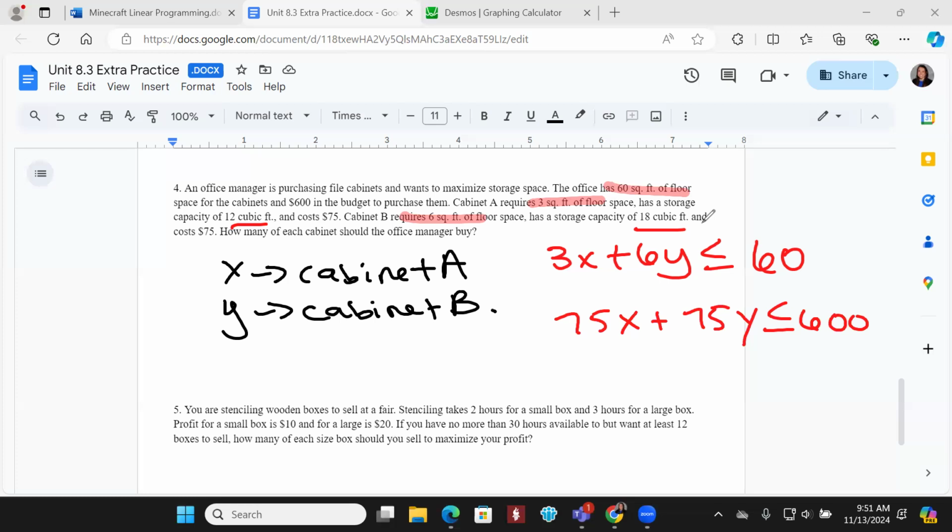So you have the storage capacity, right? They take up 3 square feet of floor and 6 square feet of floor. And that definitely goes with the 60 square feet of floor, right? What other inequalities are we missing?